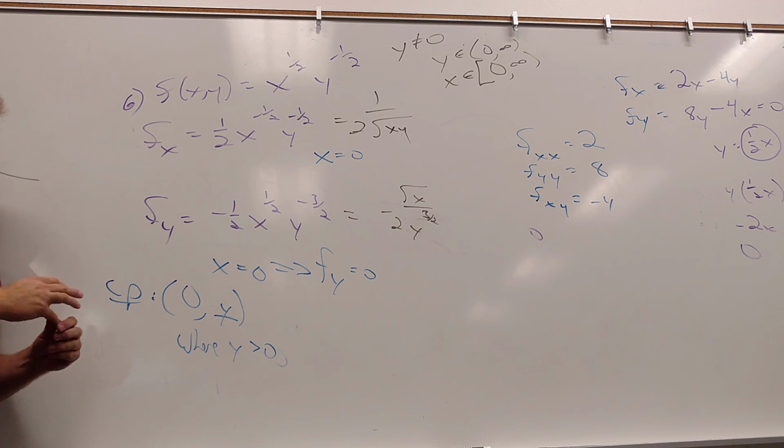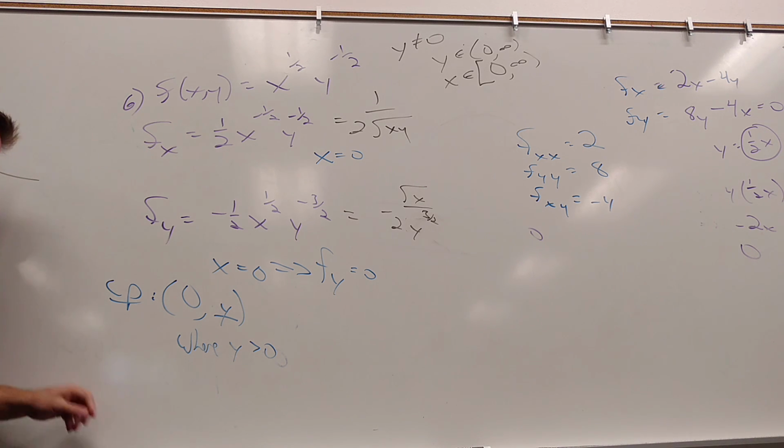The derivative is equal to 0? The fx is not equal to 0. Come on now, guys. Back in calculus, if I had this function, what's the derivative? 1/3 x to the negative 2/3. What are the critical points then? You can't make this 0, but you can make it undefined, right?